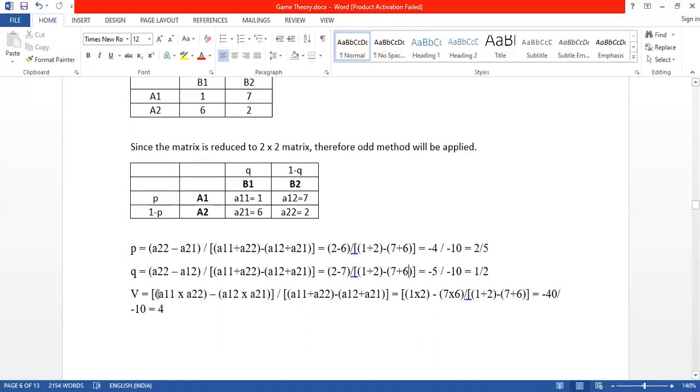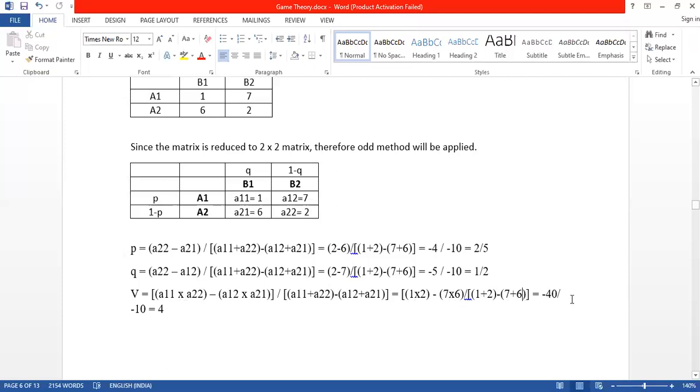Finally, the value of the game. So A11 is 1 into A22 is 2 minus A12 is 7 into A21 is 6. Then A11 is 1 plus A22 is 2, minus A12 is 7 and A21 is 6.